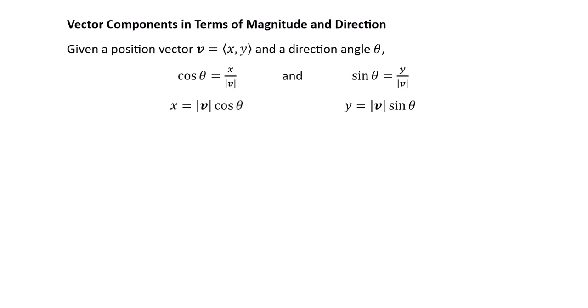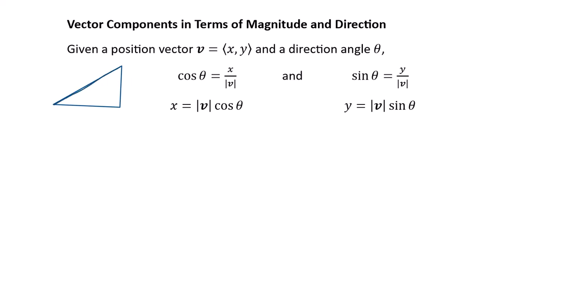Vector components in terms of magnitude and direction. Given a position vector v equals ⟨x, y⟩ and a direction angle theta, the cosine of theta will be equal to x over the magnitude of the vector v. We can see this with right triangle trigonometry.